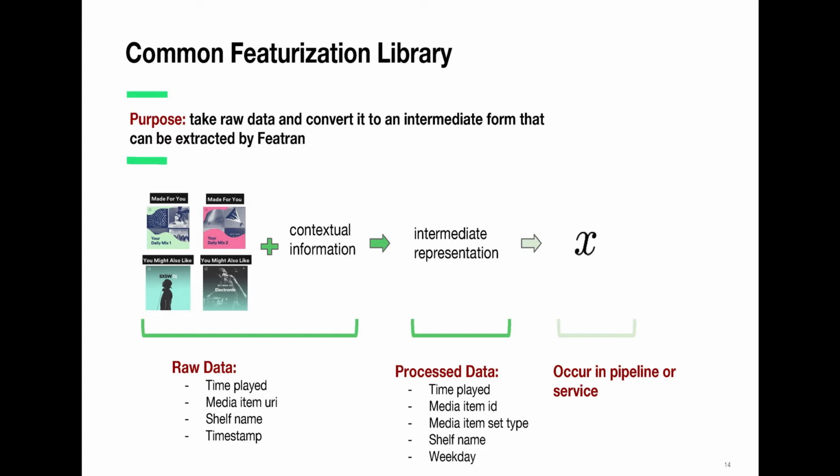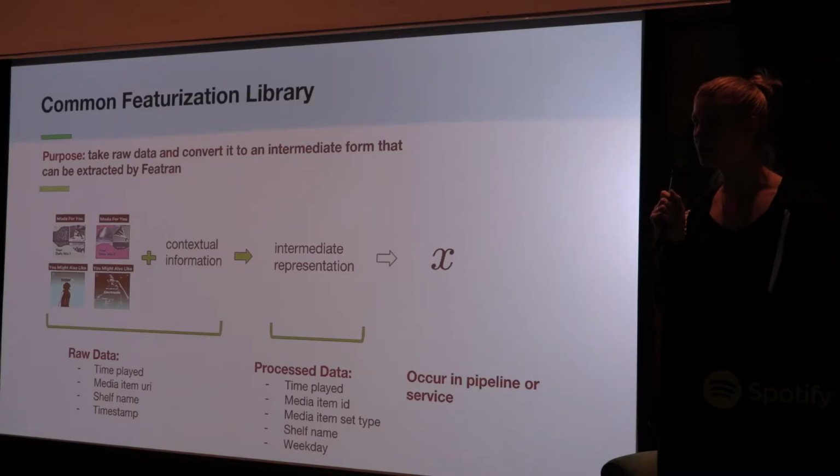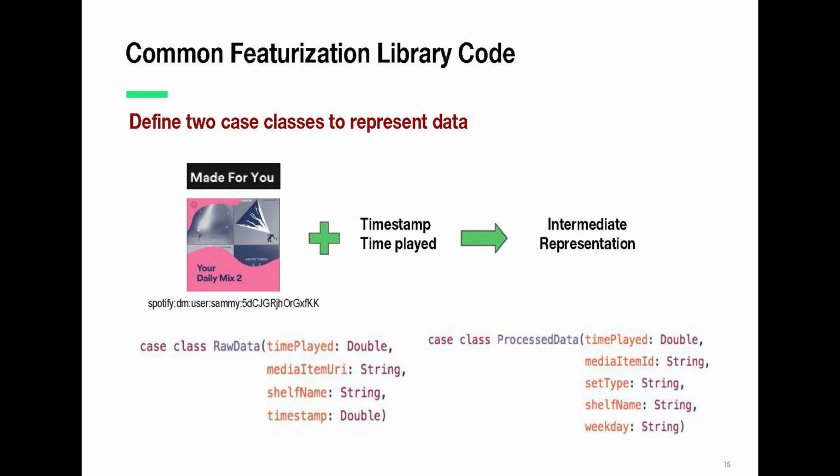So the process data is really just meant to convey that we're going to do data pre-processing, and all this data pre-processing is going to take place in the common featurization library. And then the actual extraction step is going to occur either in the pipeline or the service. So the first case is we want to take that raw data and make it something that we can actually work with.